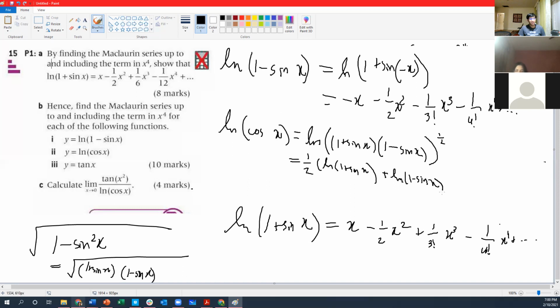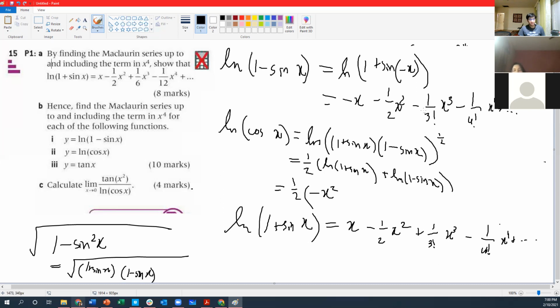So now we already have these two, so we just have to combine them together. If we add these terms together, the x and minus x will go away. Minus half x squared becomes minus x squared, right?